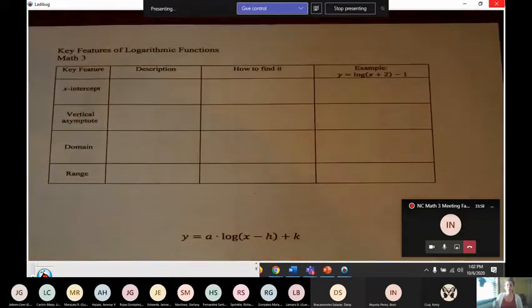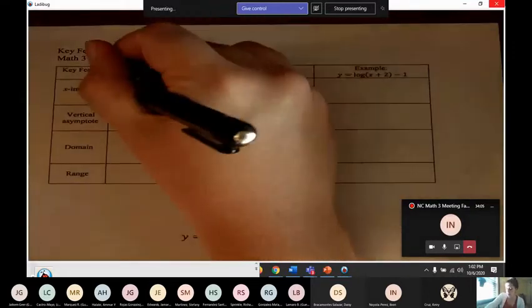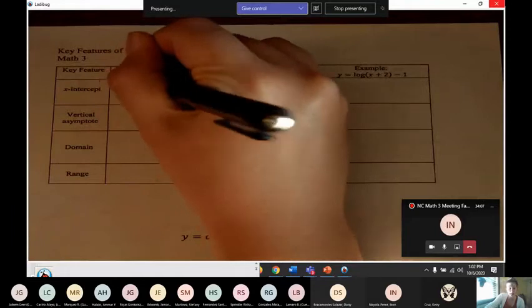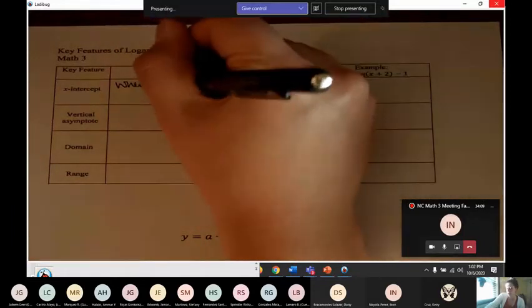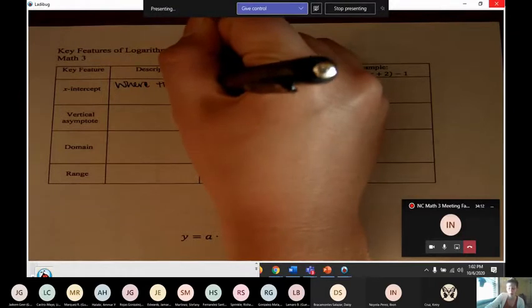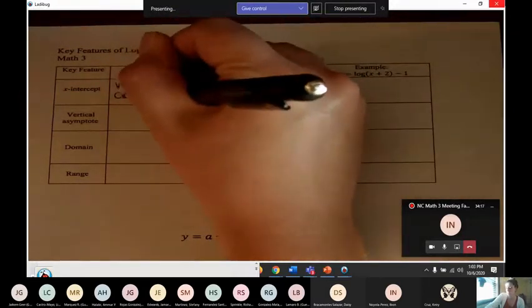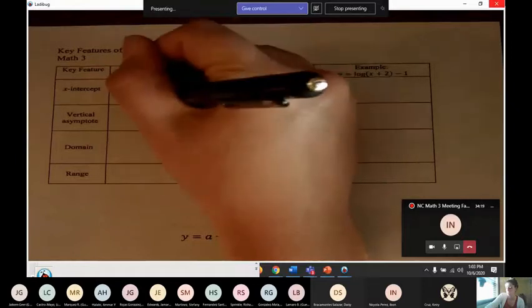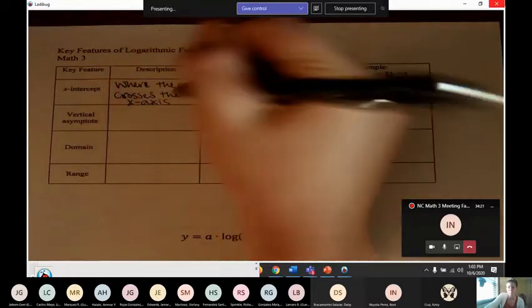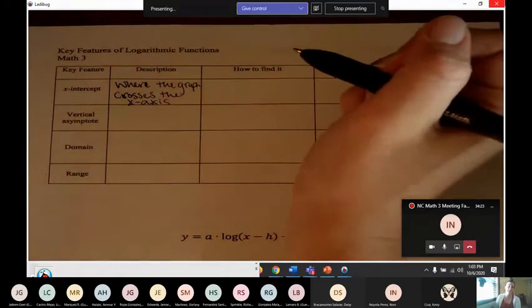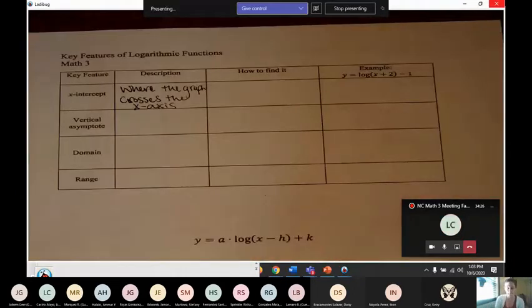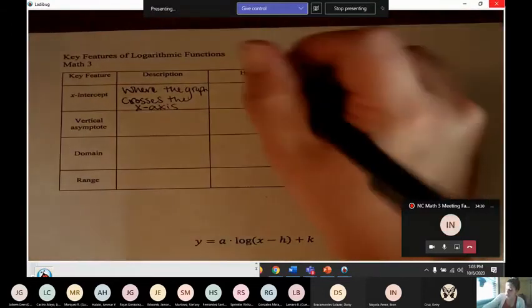Okay, so first we're going to go through some of our little definitions of our key features. An x-intercept is where the graph crosses the x-axis. You can do this two ways.